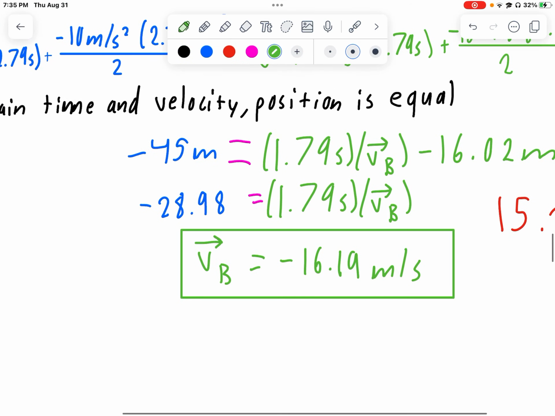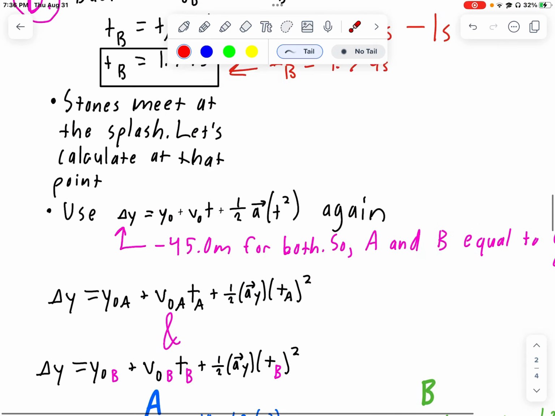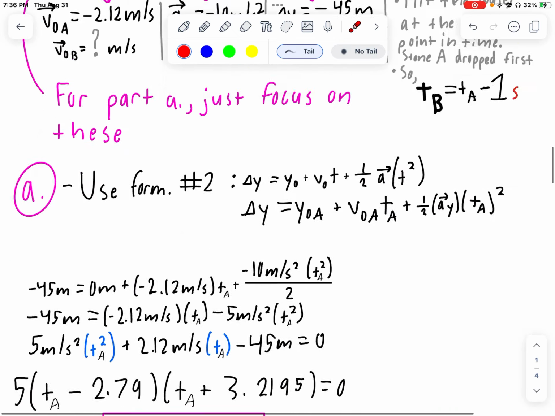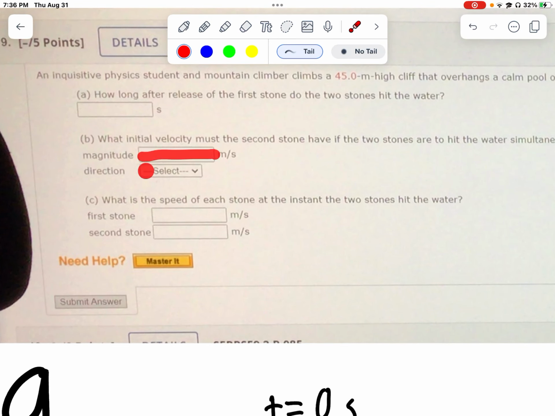We do that, and we get a final answer of negative 16.19 meters per second, which you'll notice is much greater than our initial A velocity, because it kind of has to catch up, since it has less time to reach the same point as the first stone. So we'll plug in just the magnitude in this box, and we'll plug in the direction, which is negative, or downwards, in this box.